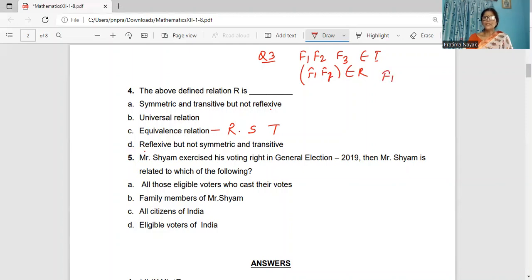Then coming to symmetric. If F1, F2 belongs to R, then it implies that F2, F1 also belongs to R. So this is symmetric also.